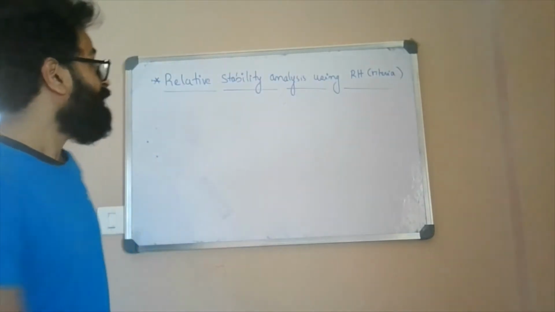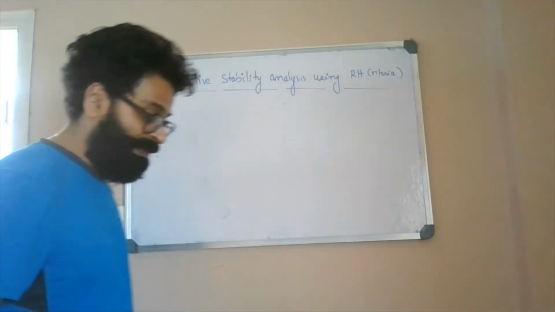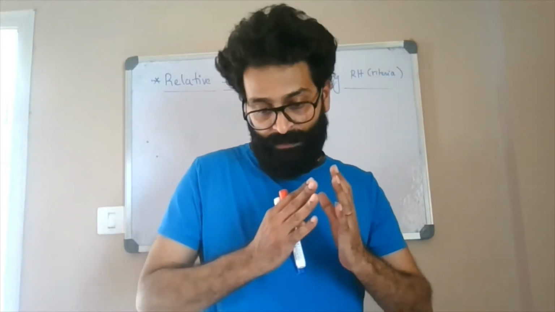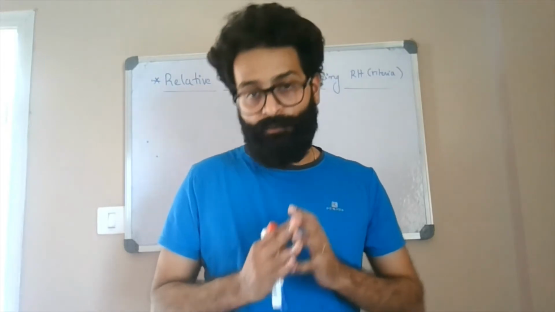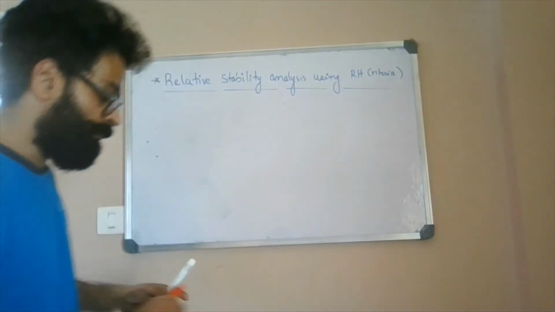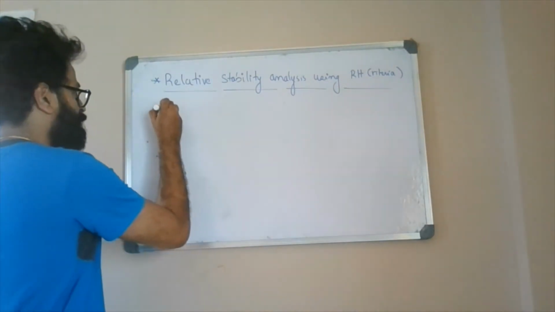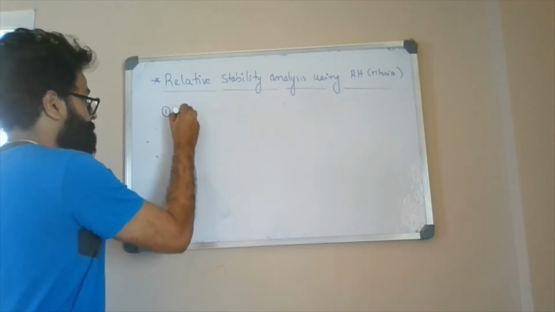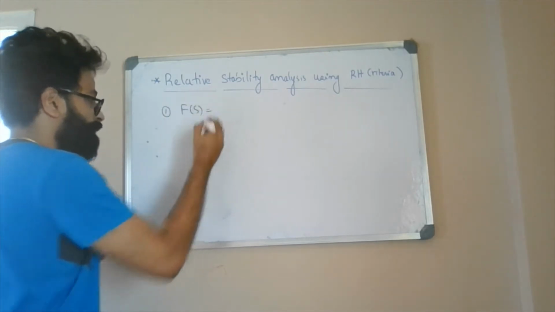So relative stability analysis basically helps us in finding out the presence of dominant roots closer to the imaginary axis. So how are we going to do it? Let's say, for example, we have a characteristic equation of a system.